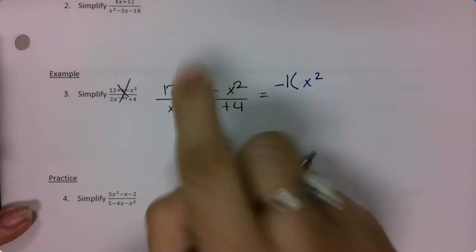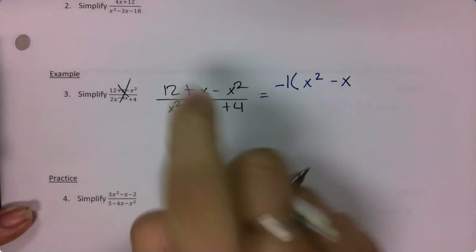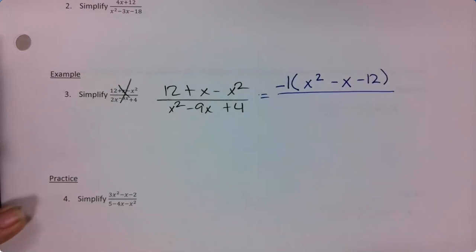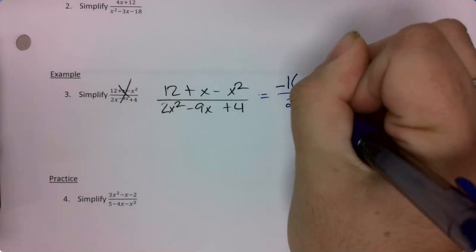Positive x divided by negative 1 is negative x. Positive 12 divided by negative 1 is negative 12. And then, that should be 2x squared on the bottom. Then I'm going to leave the bottom alone for now.